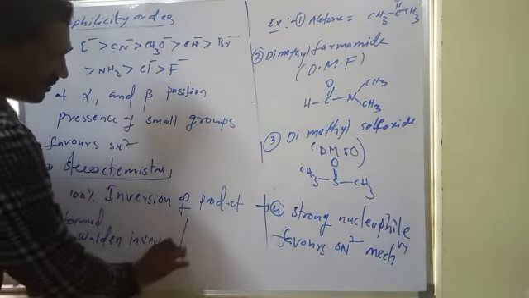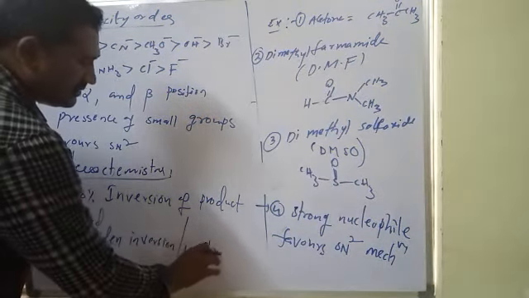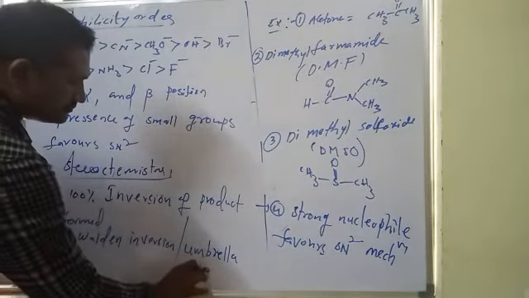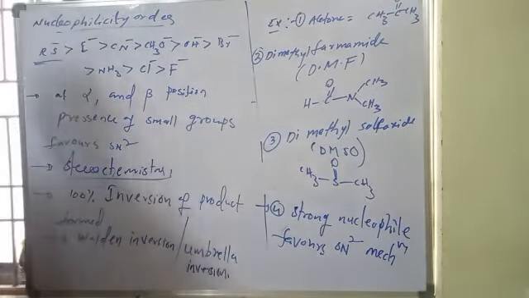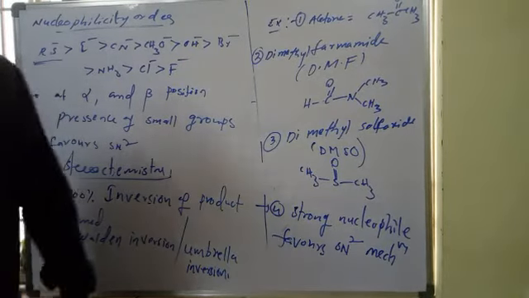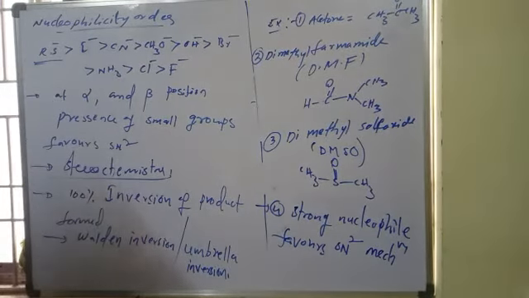This is also called umbrella inversion. So inversion of products formation takes place. These are the SN2 mechanism characteristics.